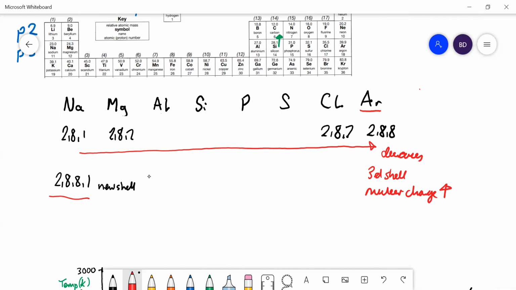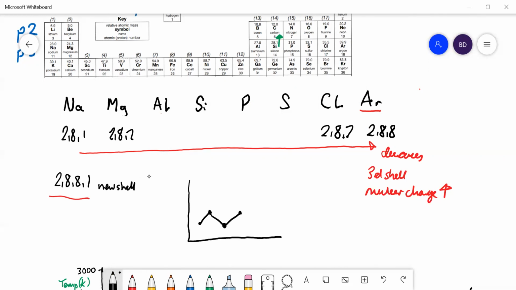Finally, in this topic, it asks you to know the trend in ionization energies as you go across. That is covered in a separate topic, so I'm not going to repeat it here, but needless to say, you get a pattern. Sodium has a pretty low one, magnesium is higher because the nuclear charge is higher, then it will drop down because you are now filling the p subshell for aluminium.